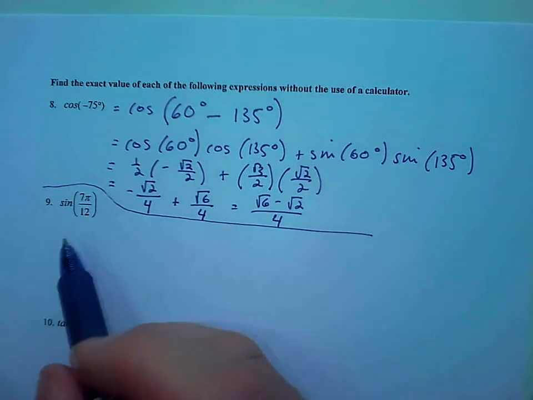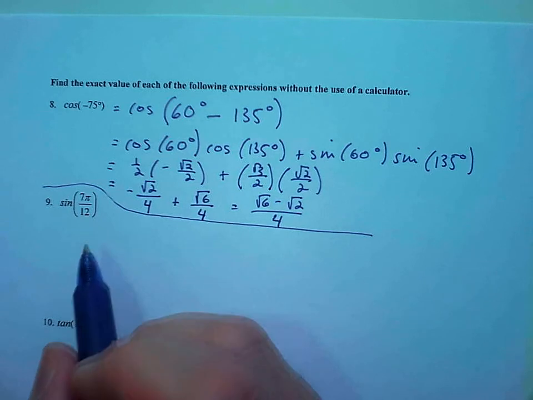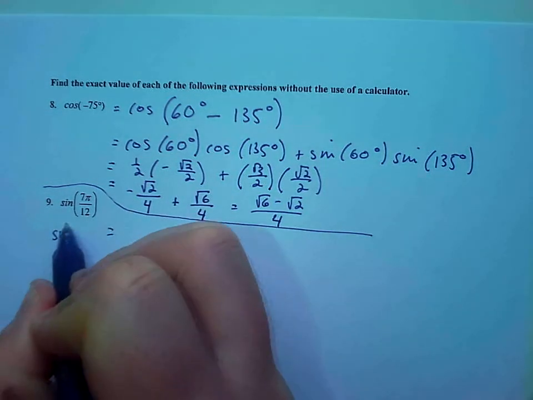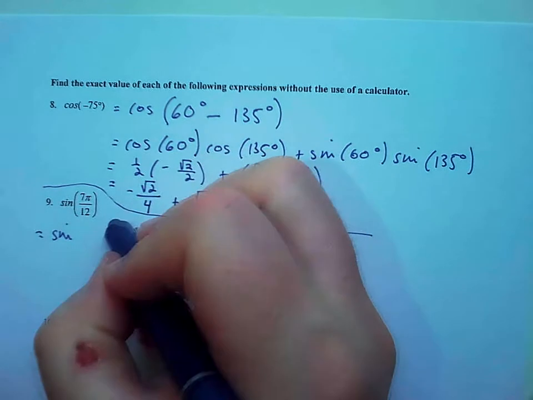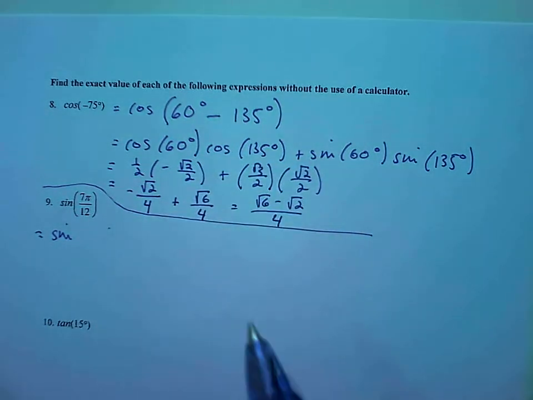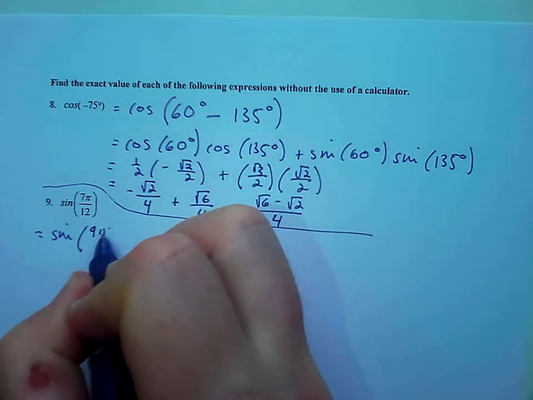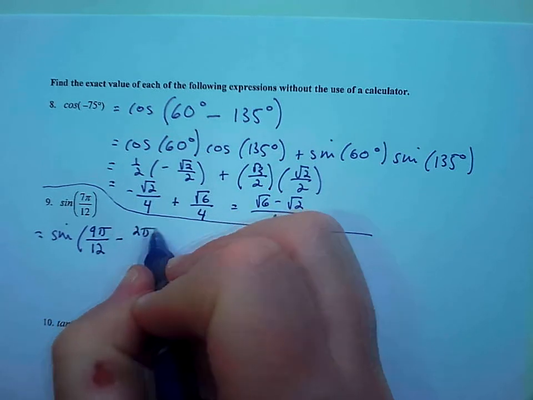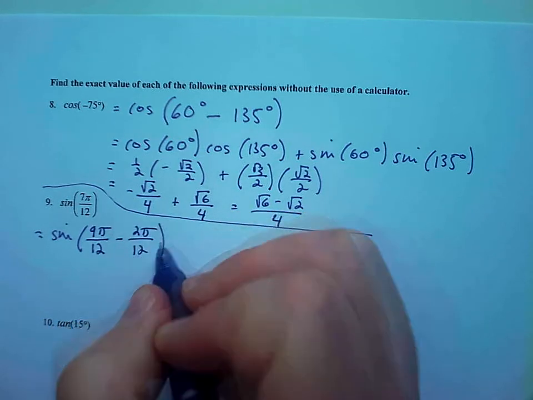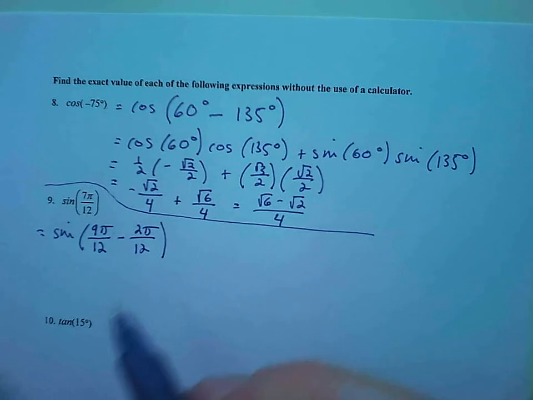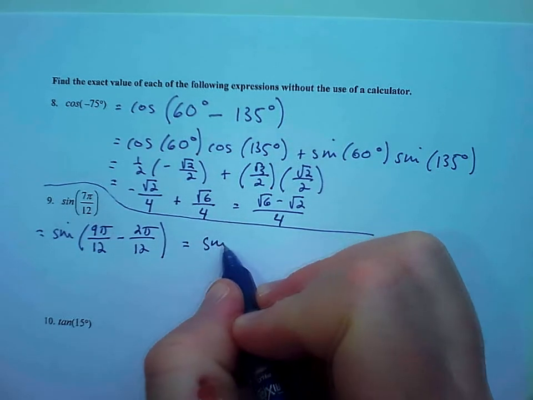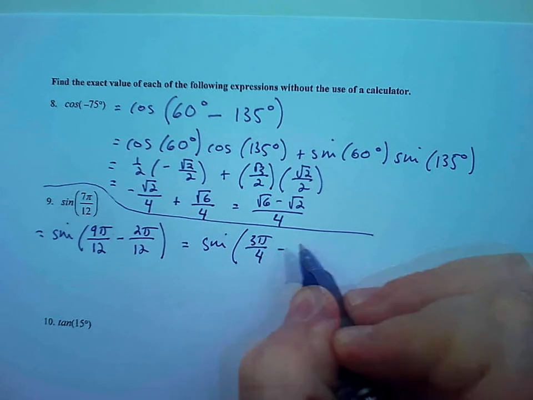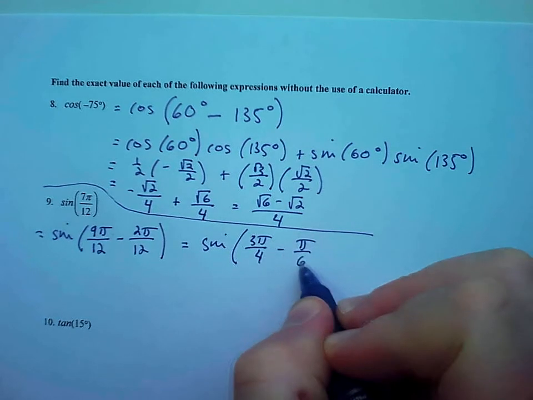So therefore, we can rewrite sine of 7 pi over 12 as the sine of, let me give myself a little bit extra room here, the sine of 9 pi over 12 minus 2 pi over 12, which is just the same thing as the sine of 3 pi over 4 minus pi over 6.